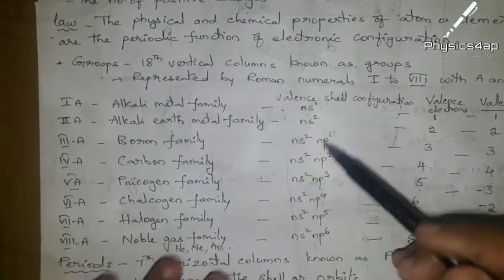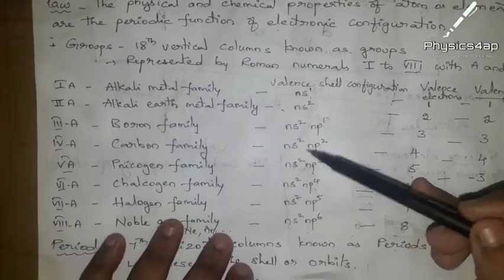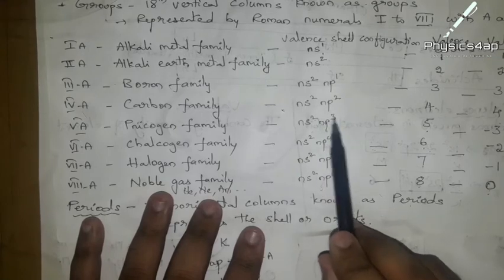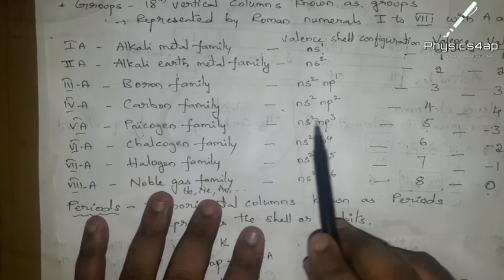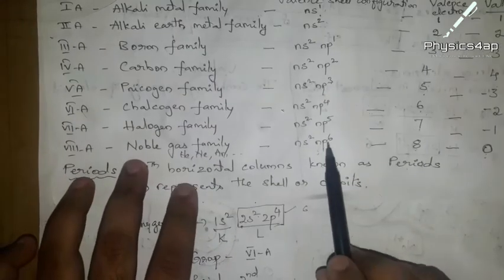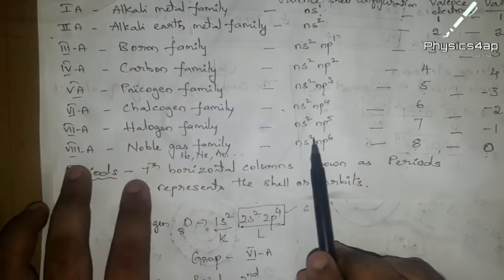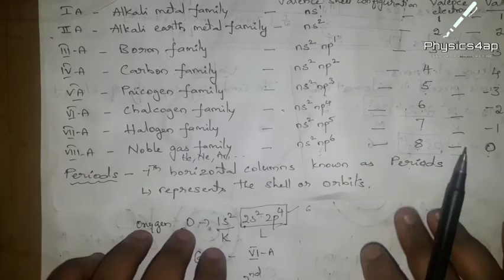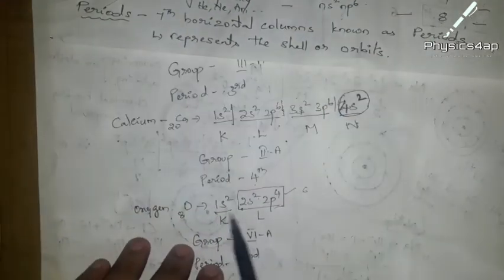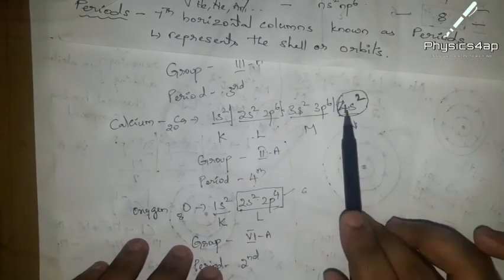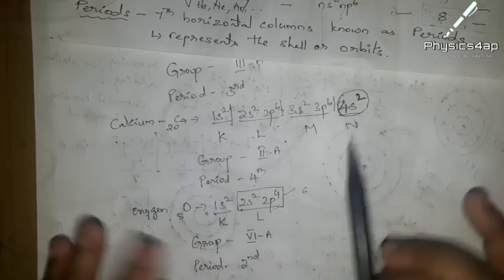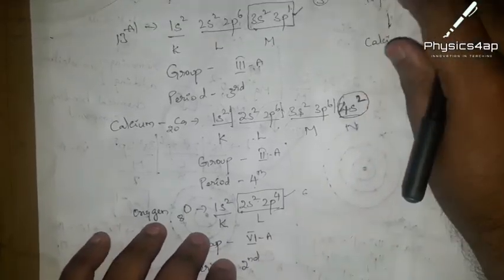If you see the general electronic configuration, for example ns2 np3, 2 plus 3 outermost electrons is 5, so that belongs to group 5A, or 6 plus 2 is 8, that is 8A. Like this you can find out the group, and the period by the number of shells: if you have 4 shells, it belongs to the fourth period.